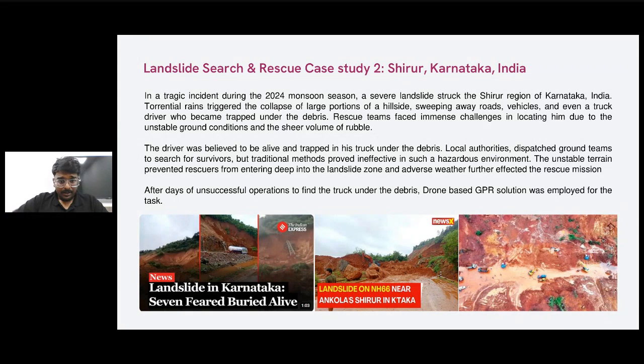Amongst the vehicles swept into the river, there was a truck driver who was trapped in his truck when the landslide occurred. For a couple of days, it was believed that the person was alive in the truck, and the authorities were taking all desperate measures to rescue the person.